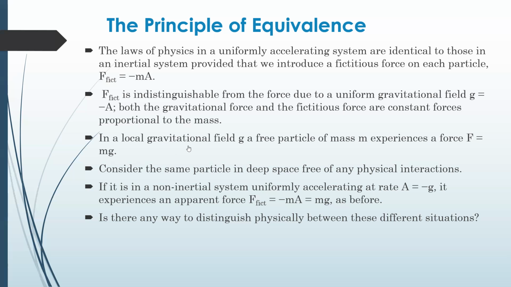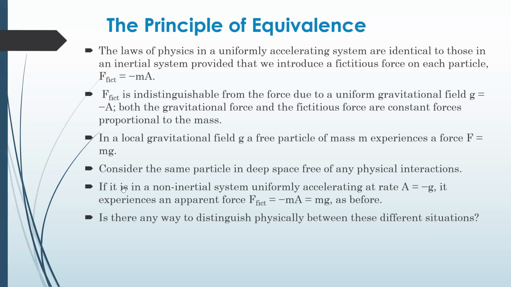Here it explains that in a local gravitational field g, a free particle of mass m experiences a force F equal to mg, and consider the same particle in deep space free of any physical interaction. Here we consider the first case, a space vehicle.